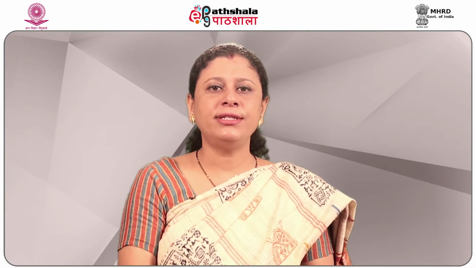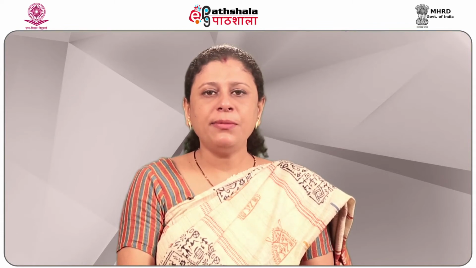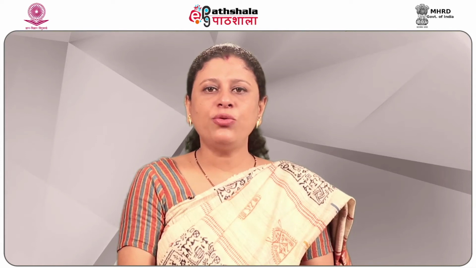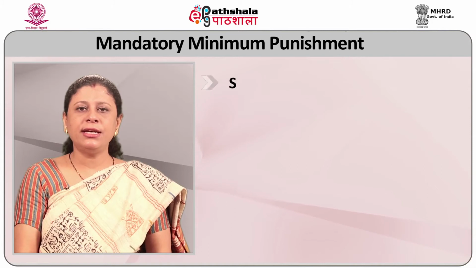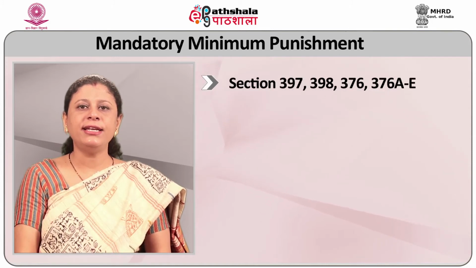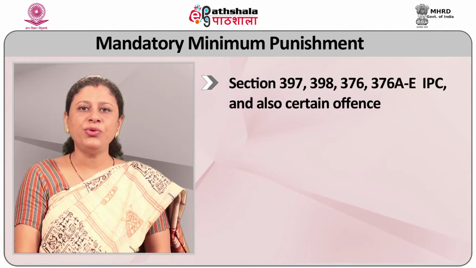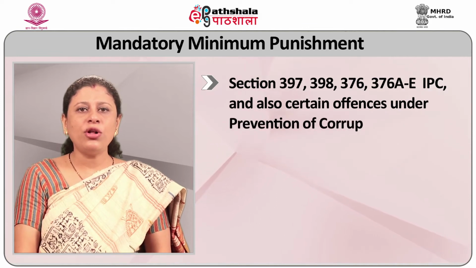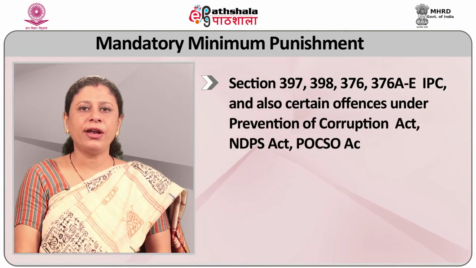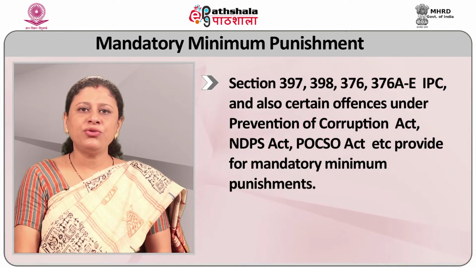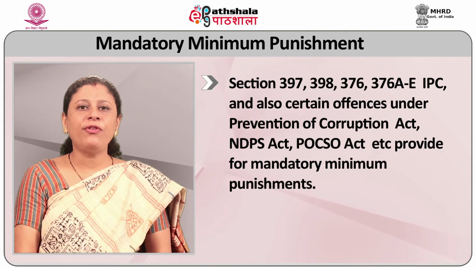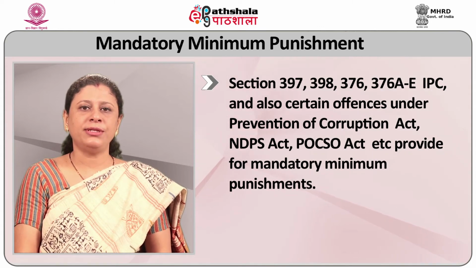In Indian laws, so far as the other custodial punishments are concerned, there are certain offences for which a maximum term is provided and also provisions for mandatory minimum punishment. For instance, sections 397, 398, 376, 376A to E of the Indian Penal Code and also certain offences under the Prevention of Corruption Act, NDPS Act, the Protection of Children from Sexual Offences Act, etc. provide for mandatory minimum punishments.